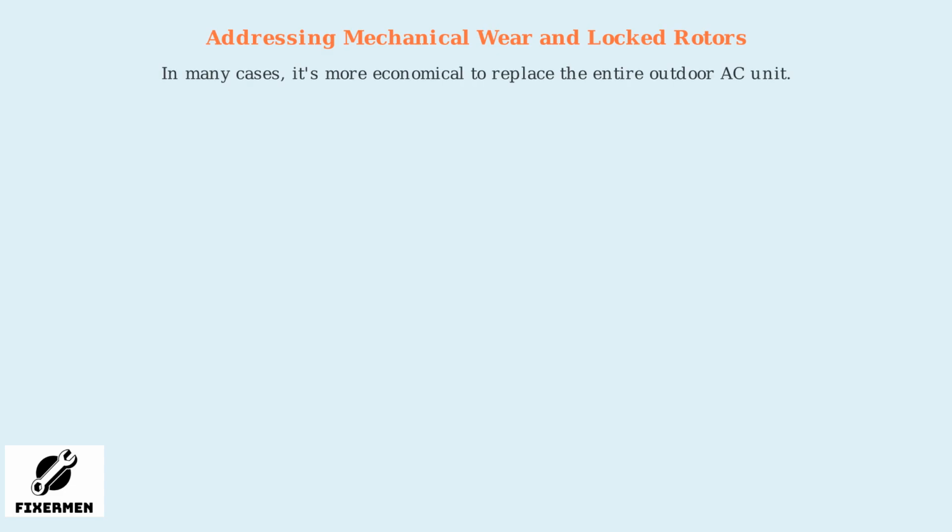Given the age of the unit and the cost of compressor replacement, it's often more cost-effective to replace the entire outdoor AC unit. Newer models offer better efficiency, reliability, and warranty coverage, making this a practical long-term solution. Simple fixes like checking the breaker, replacing a capacitor, or adjusting the thermostat can often be done yourself with basic tools and safety precautions.